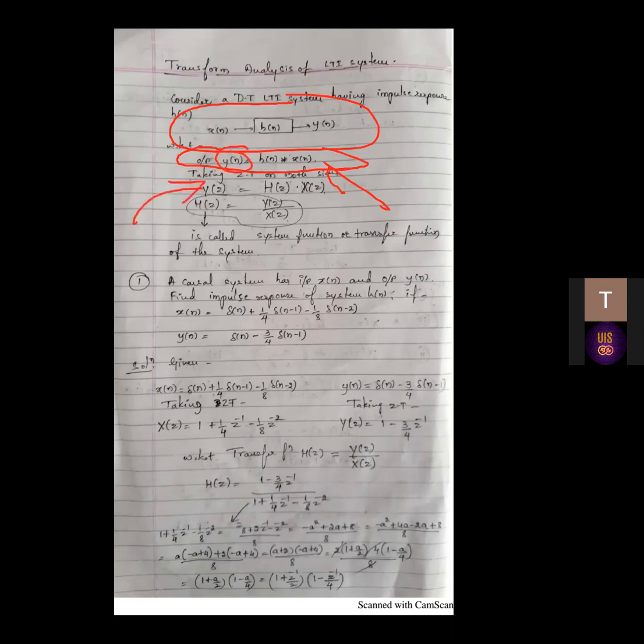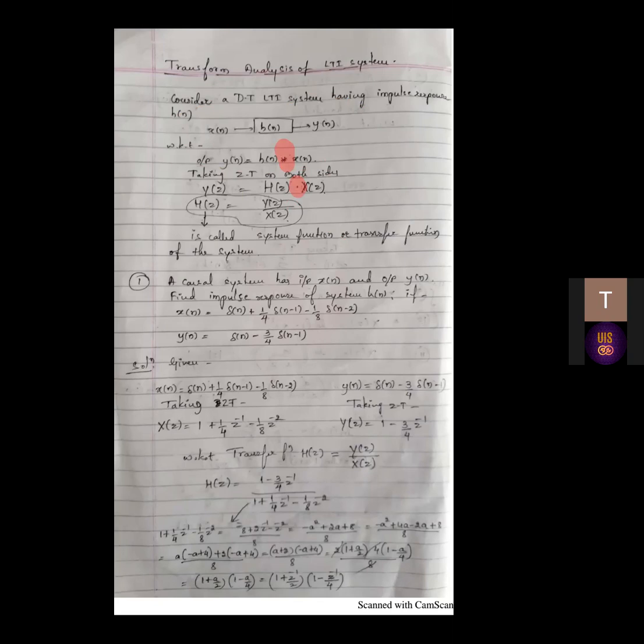Assume it is capital Y of Z, and the Z transform of H of n is capital H of Z, and the Z transform of X of n is X of Z. But one observation you can make: in time domain it is convolution, but when I'm taking the transforms, it has got converted into multiplication. This property we have already seen in convolution, sorry, even in convolution as well as in Z transform properties.